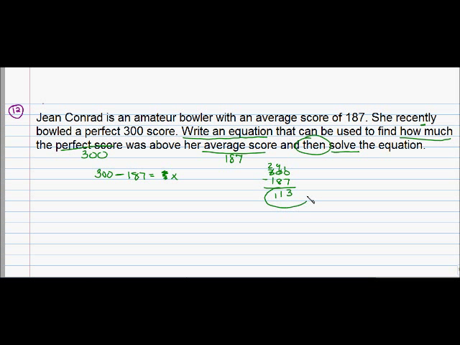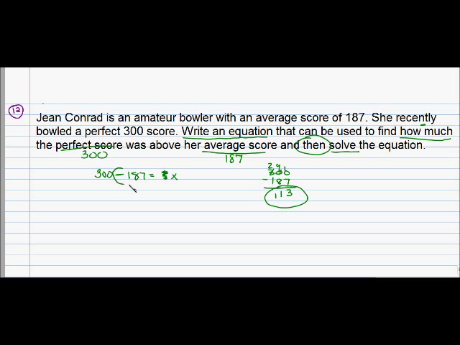But the thing is, none of our equations in this section look like this. We need to write an equation and then solve it. We need to get our answer to 113. So how do we do that? Well, here I subtracted 187.